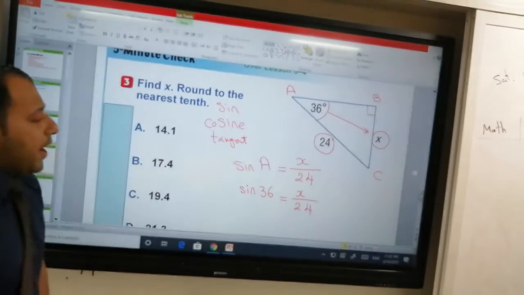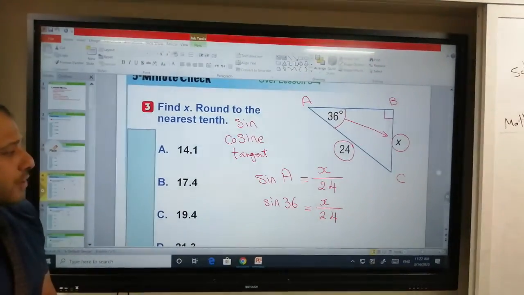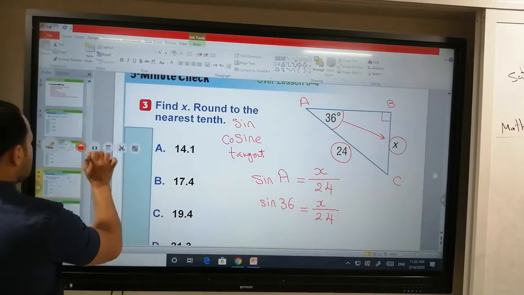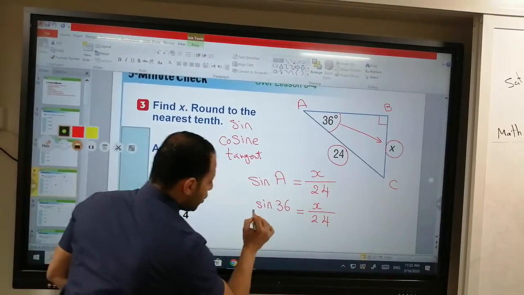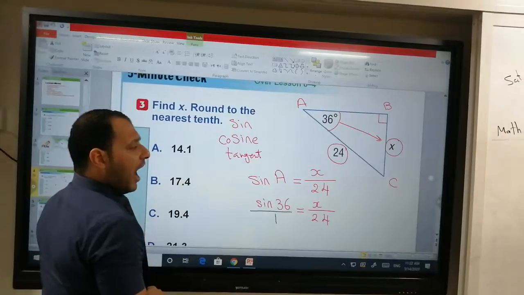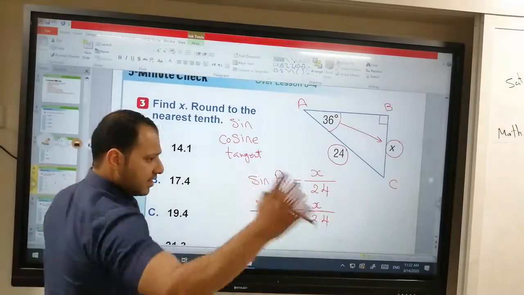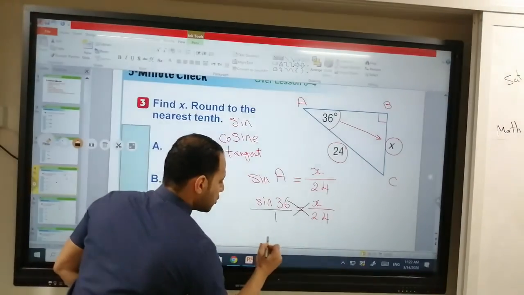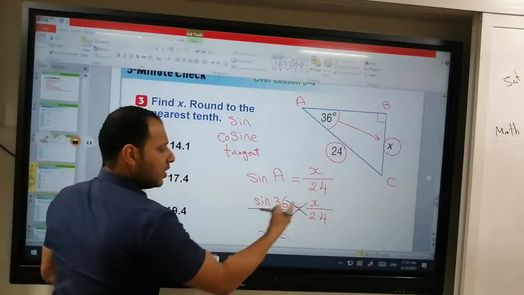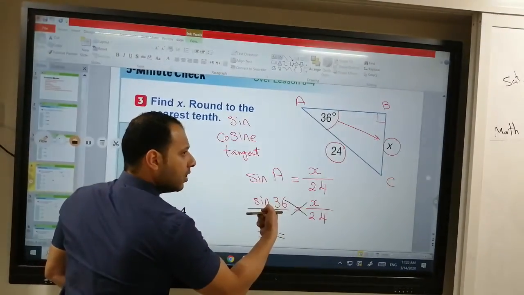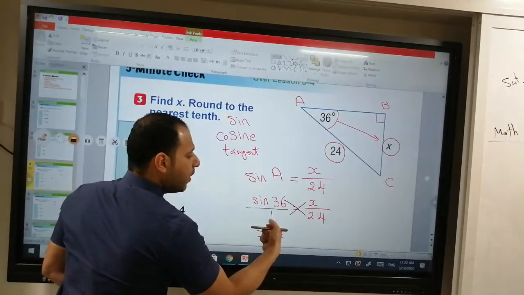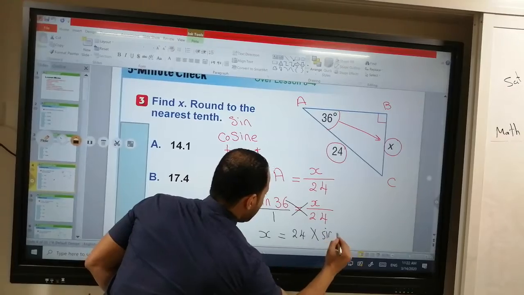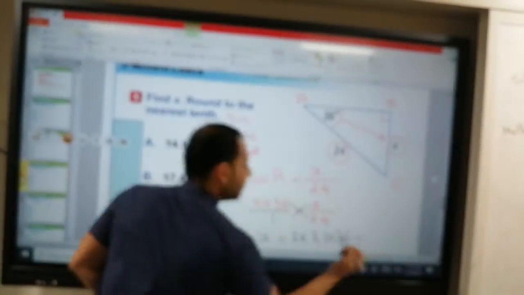It becomes an equation. Sine 36 is over 1, any number is over 1. I need to find x. It's an equation, so cross multiplication, or cross product. So x equals 24 multiplied by sine 36 divided by 1. It means 24 multiplied by sine 36.